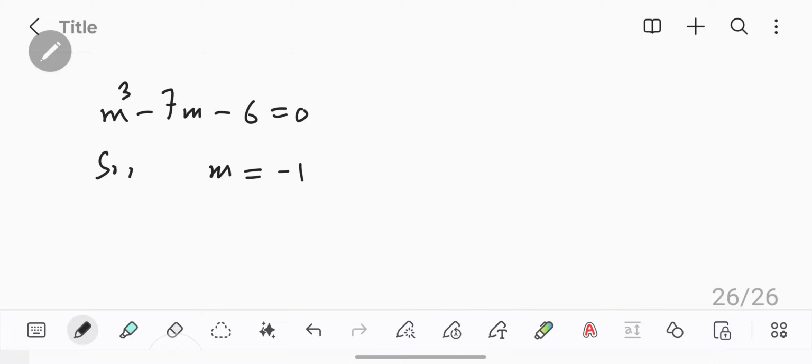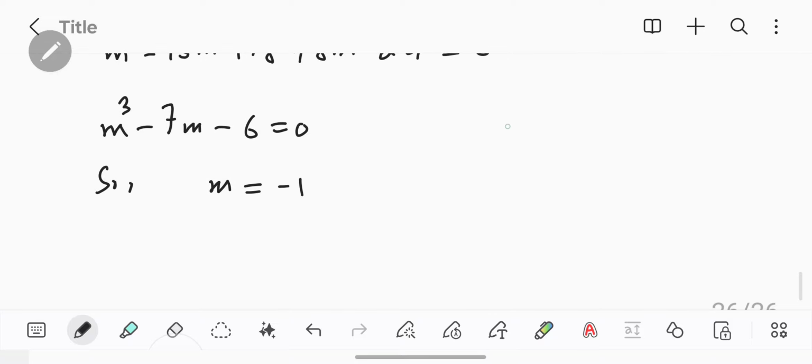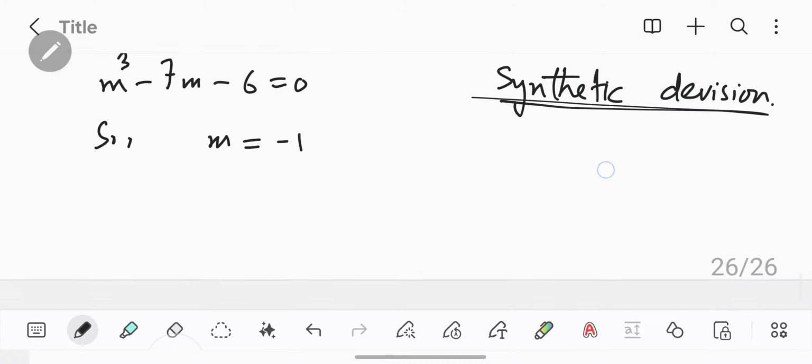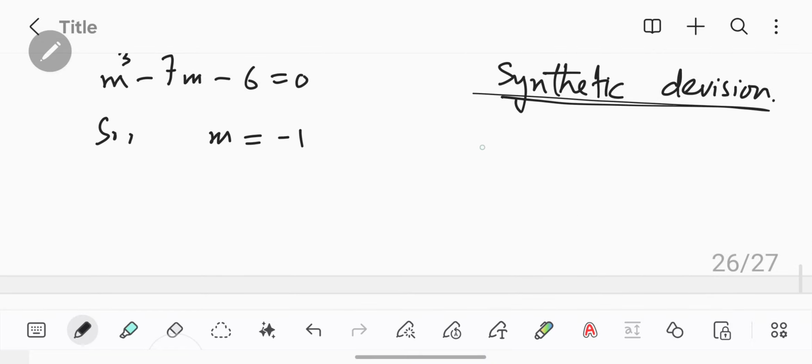So if you get the first root, then you can use the synthetic division. What's the synthetic division? By synthetic division, what you have to do, you have to write the coefficient of m cube first, which is 1 here.